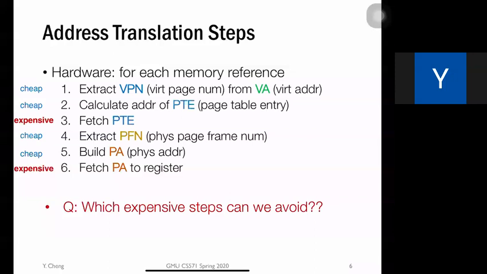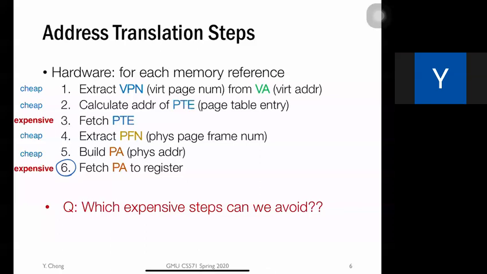So which steps can we avoid? Well, the second expensive step, step number 6, is essentially the ultimate purpose of this physical memory access, which cannot be eliminated, cannot be avoided, right? Because this is the whole purpose.